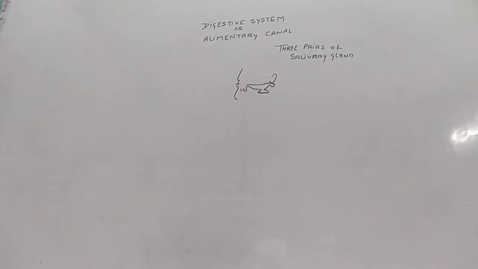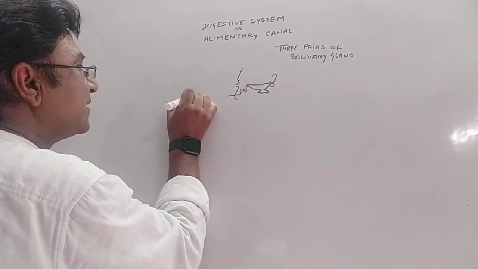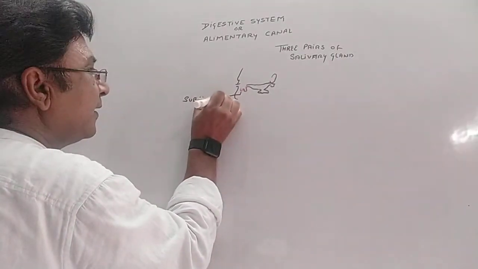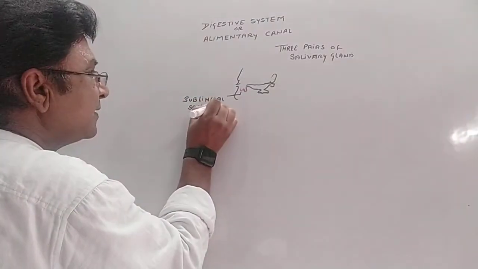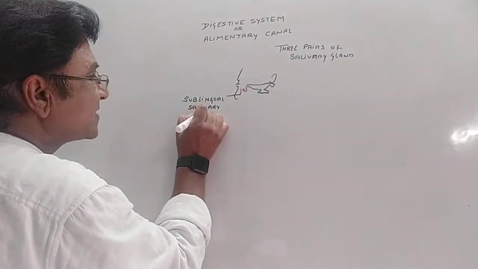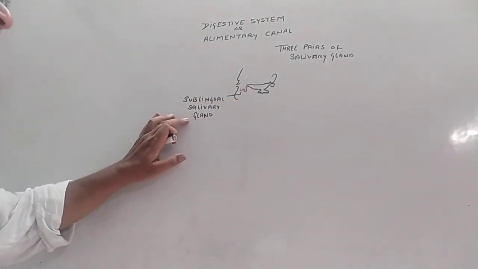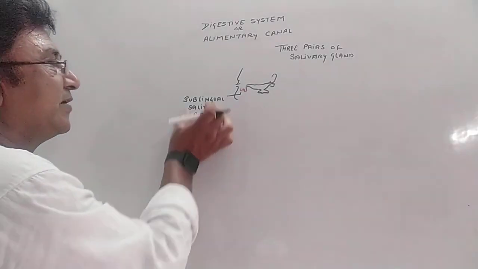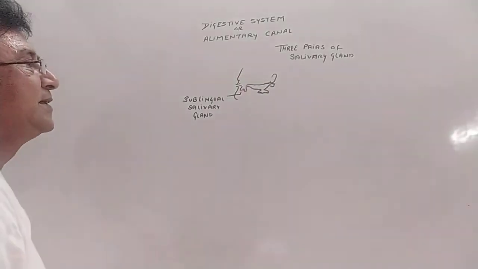And remember, first let's label it. This is the sublingual salivary gland. Now sub means below, lingual means tongue, a pair of salivary glands lying below the tongue.